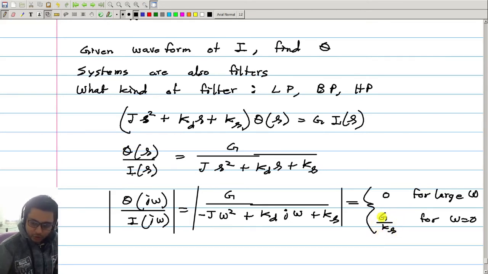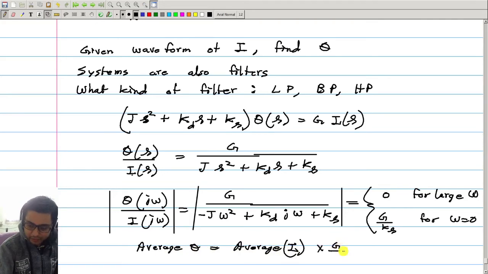If the current I has a DC, average component, then that average component will get multiplied by this factor and that will be the average value of theta. On top of that, there may be some oscillations, but the average value of theta will be the average value of current I multiplied by G by Ks.